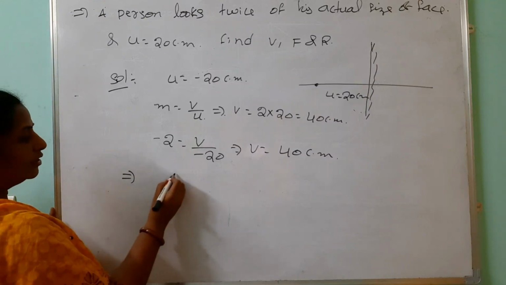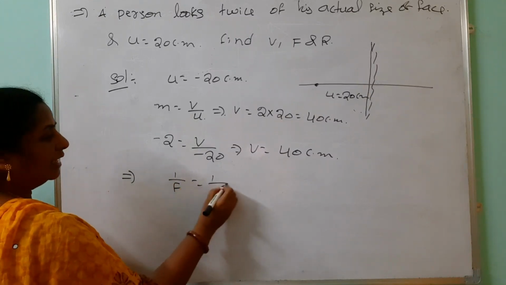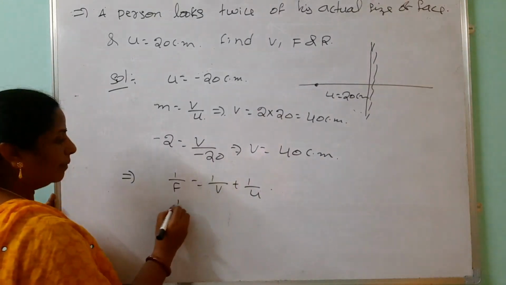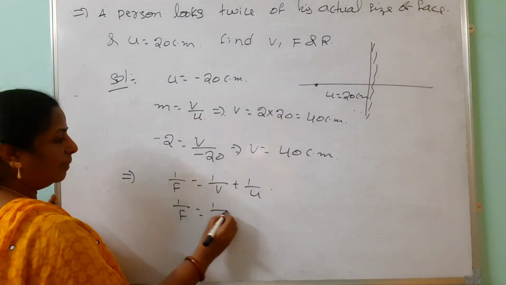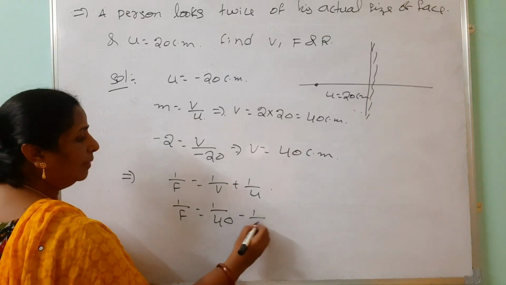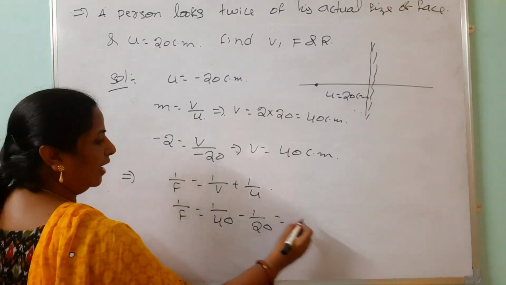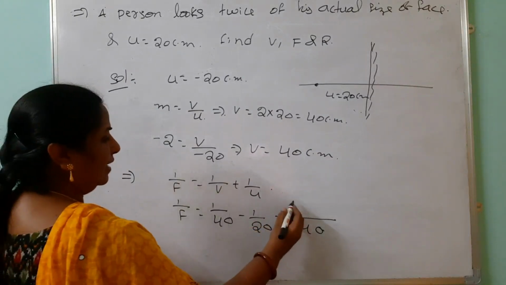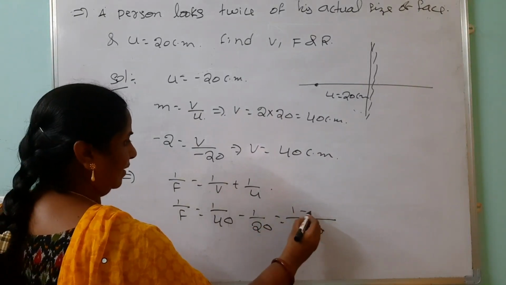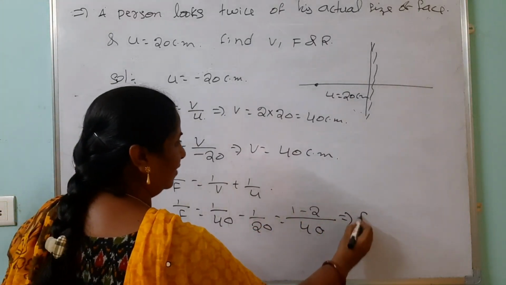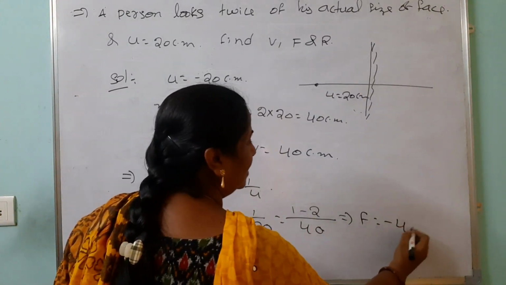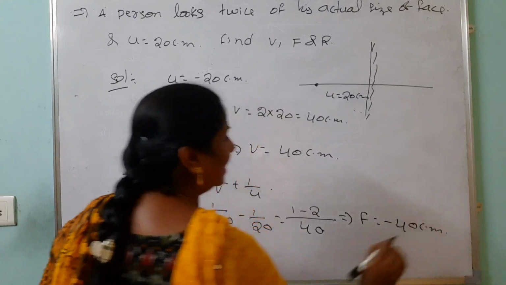So how to find out the focal length? From the mirror equation, 1 by v plus 1 by u. So 1 by f equals 1 by 40 minus 1 by 20. After taking the LCM and all these simplifications, here we are getting 1 minus 2. Finally f equals how much? We are getting f equals minus 40 centimeters. Sign convention.